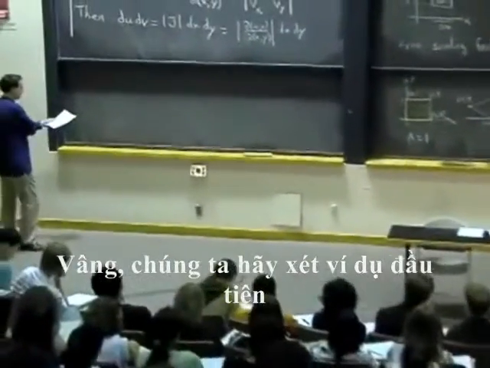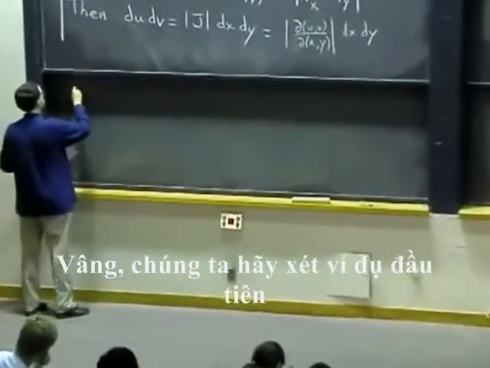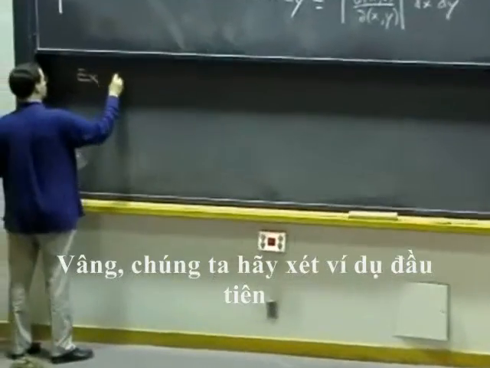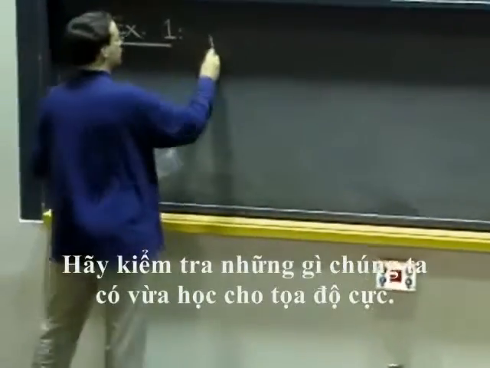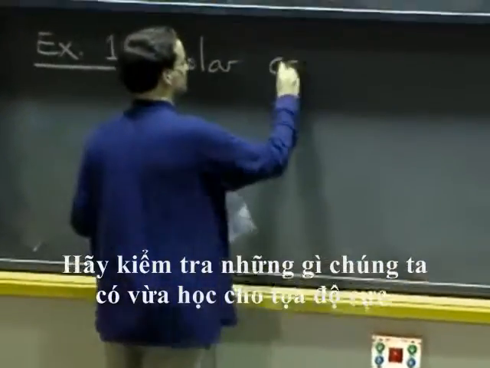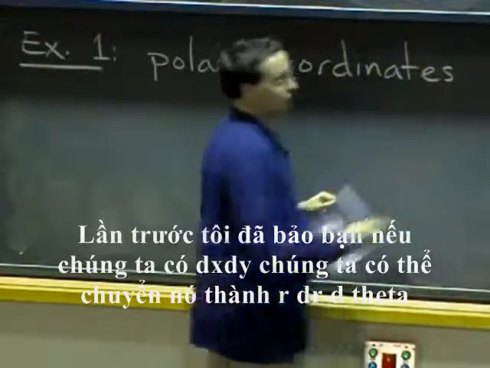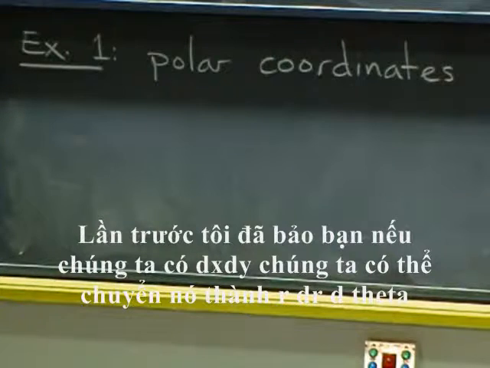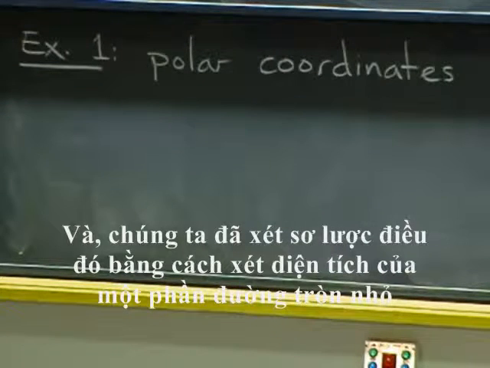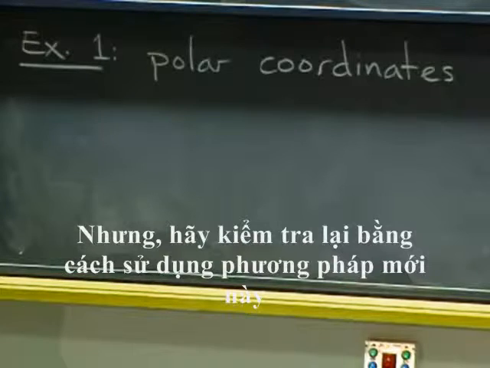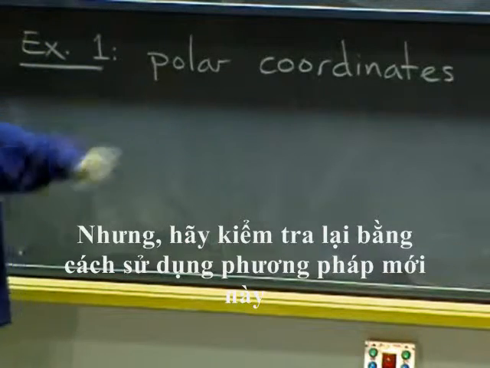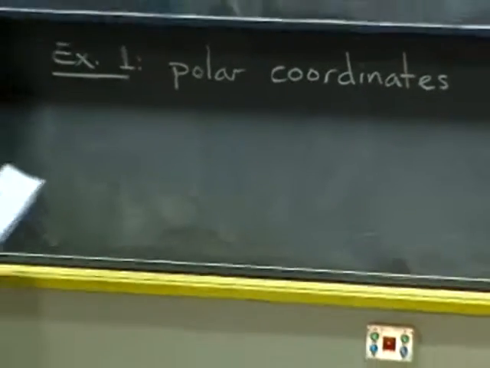So actually, let's do a first example of that. Let's check what we had for polar coordinates. Last time I told you that if we have dx dy, we should switch it to r dr d theta. We had some argument for that by looking at the area of a small circular sector, but let's check again using this new method.